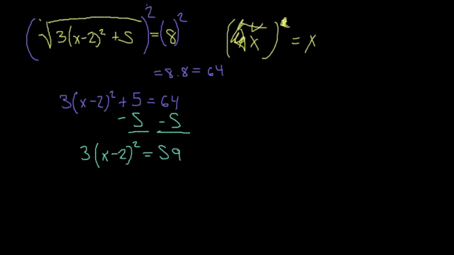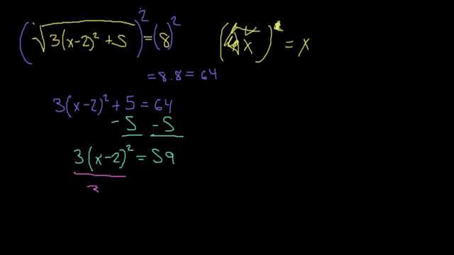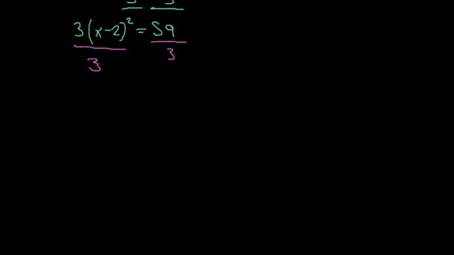That is not pretty, but we'll have to continue. So we're going to divide both sides by 3. 59 thirds is going to stay 59 thirds. Sadly, you cannot simplify that. So you get x minus 2, all squared, is equal to 59 thirds.